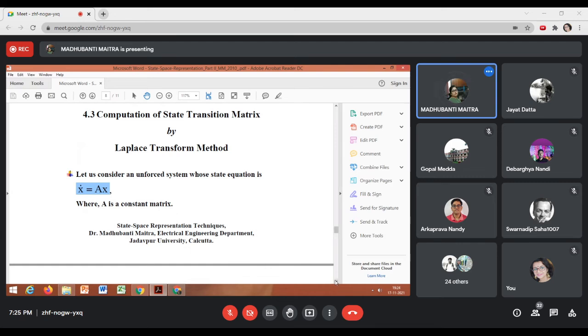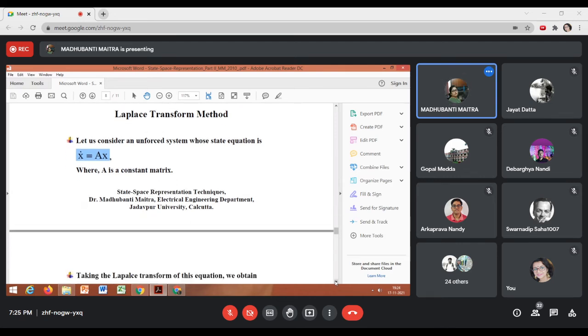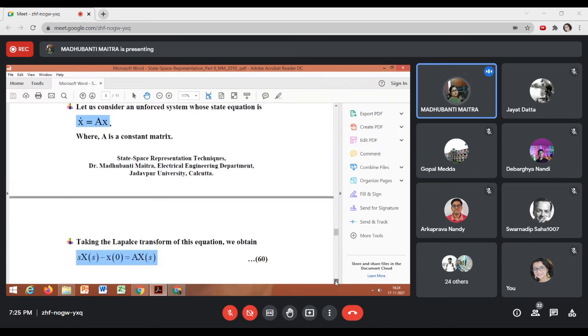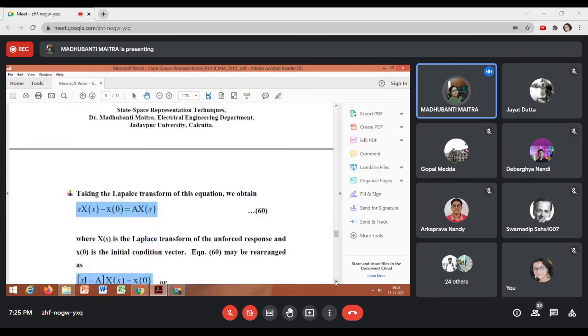So, first, again, the homogeneous or unforced system or autonomous system described by a set of homogeneous equations. So, x dot(t) is equal to Ax, a linear time invariant system. So, A is a constant matrix having a dimension n by n.